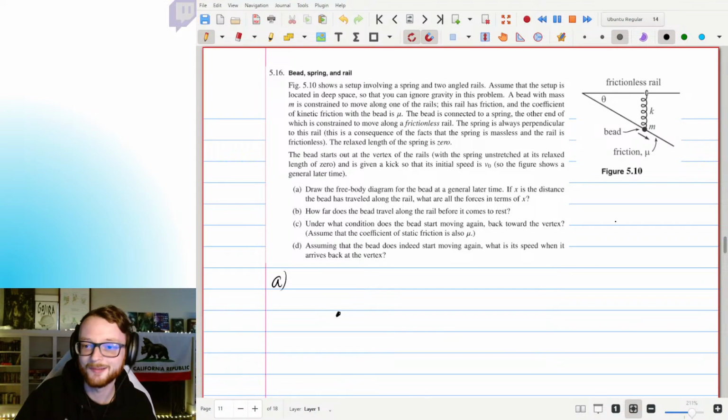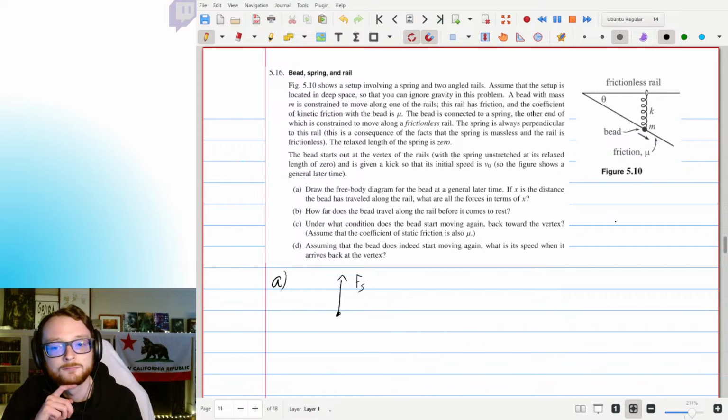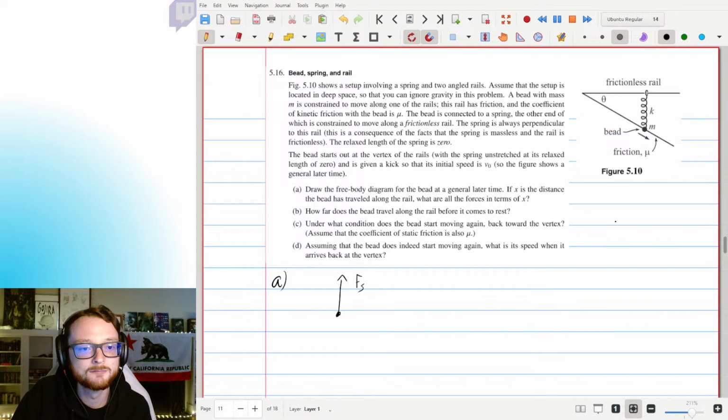So directly up, presumably we have K. Let's not quantify things yet. Spring. And it has to be perpendicular to the rail, the normal force.